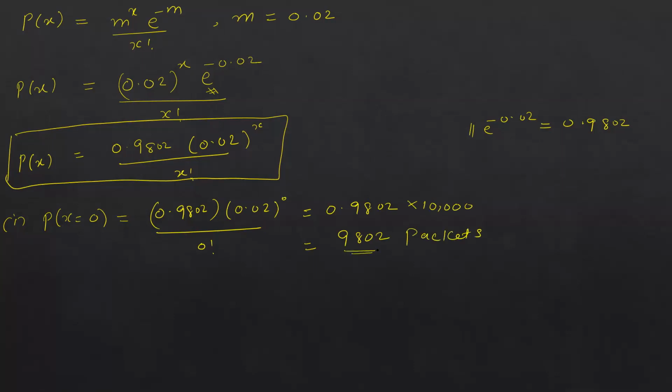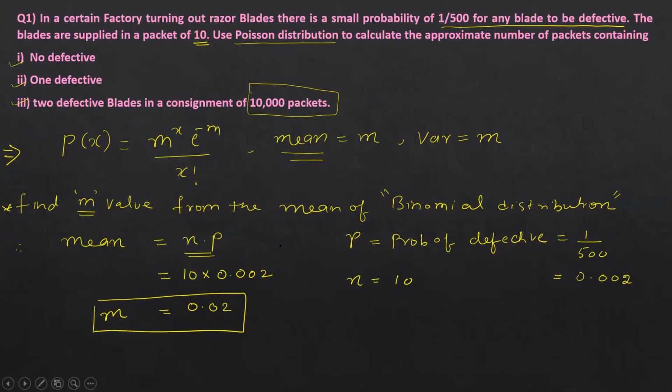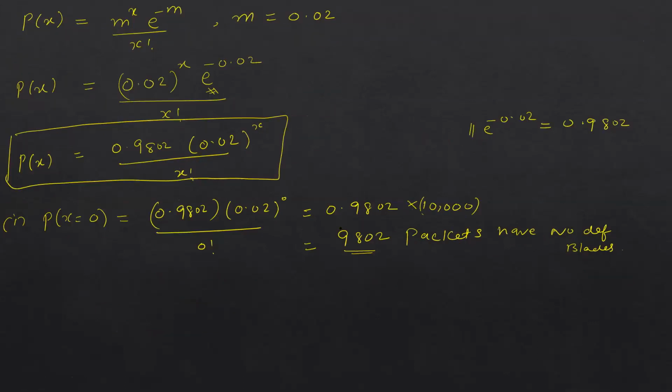So what this indicates is, out of 10,000, 9,802 packets have no defective blades. So don't forget to multiply with the 10,000. If they don't mention this word 10,000 packets, then don't multiply. Then this is the probability.